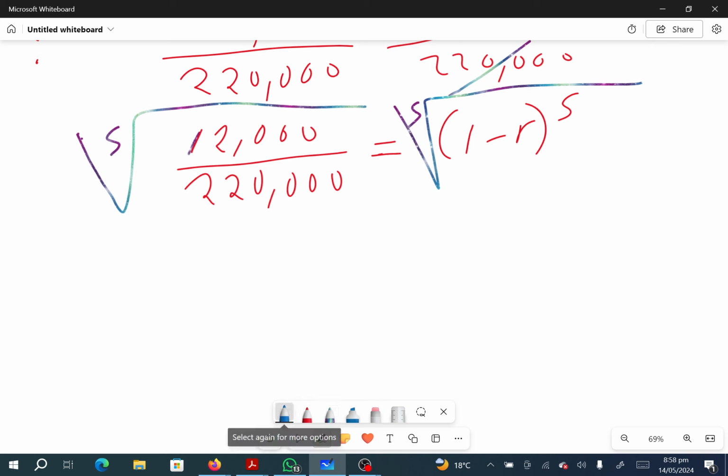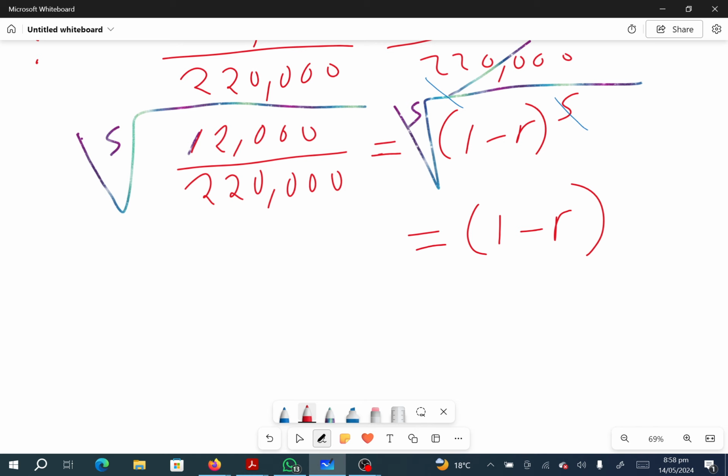So this 5 will cancel with the root, and it will be equal to 1 minus R. Then here we will calculate the fifth root of 12,000 over 220,000.